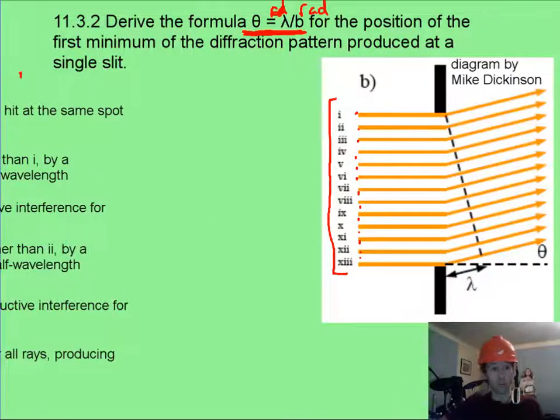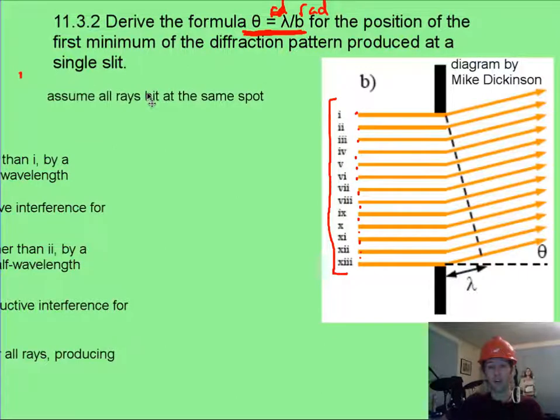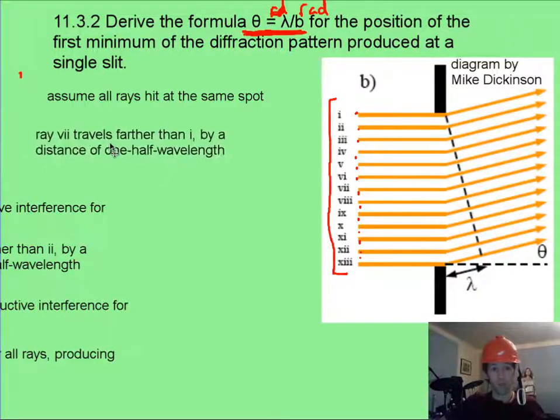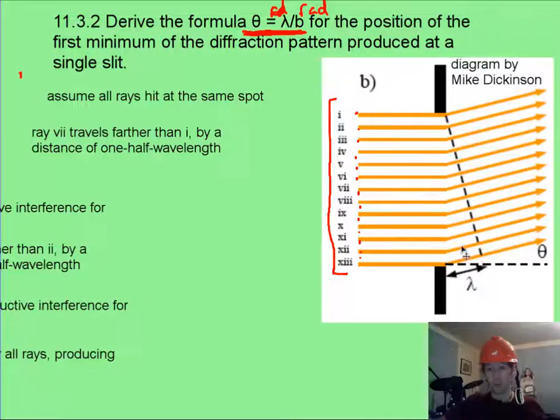Now, we're going to assume a few things. That all these rays, 1, 2, 3, 4, 5, etc., are all going to hit the same spot on the screen. And we are also going to assume that the ones down here, because it's at an angle, are going to go farther than the ones up here.